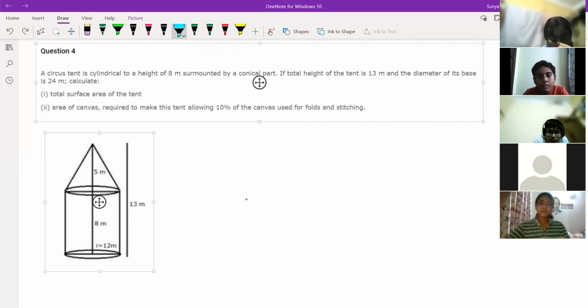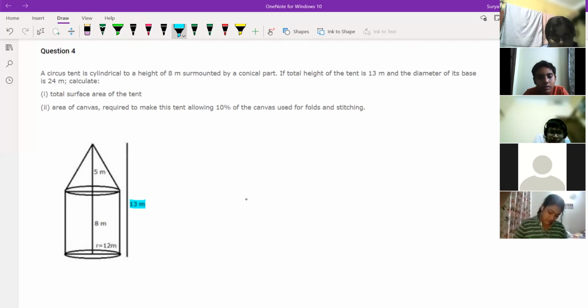If the total height of the tent is 13 meters, the diameter of the base is 24 meters.